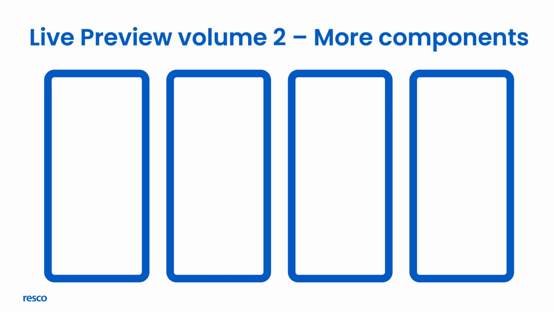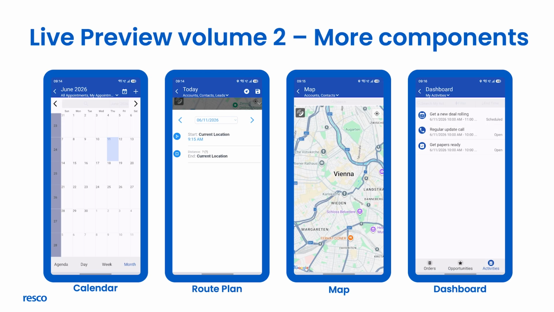With 19.1, we are introducing additional components. First, calendar. Second, route plan. Third, map. And fourth, dashboard. Now you can utilize Live Preview with all of these additional components, and I can safely say more are to come based on your feedback.